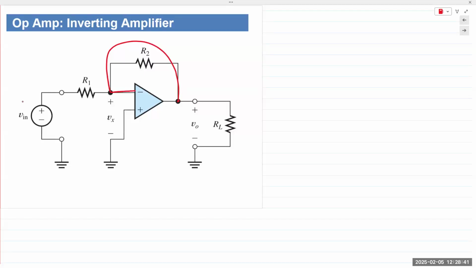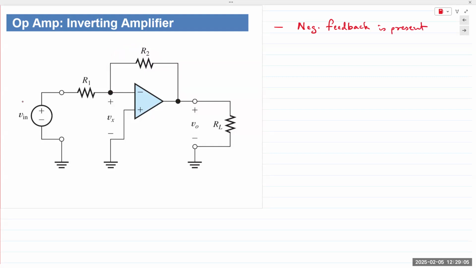So negative feedback is present. So that's the first step. Negative feedback is present.